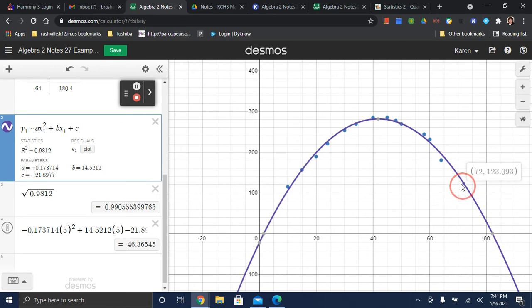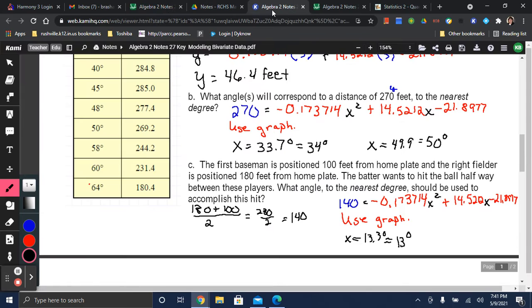So we want to be at 140. And as we zero in on that, we see that 70.3 would be the other angle that it happens at. So 70.3 would be close to 140, and that'll be our other x value.